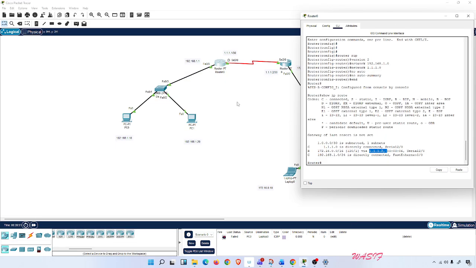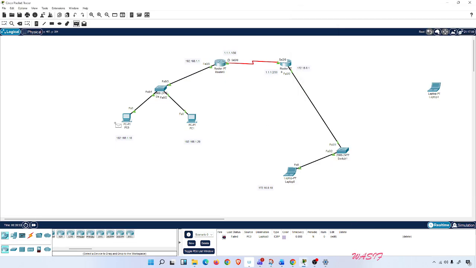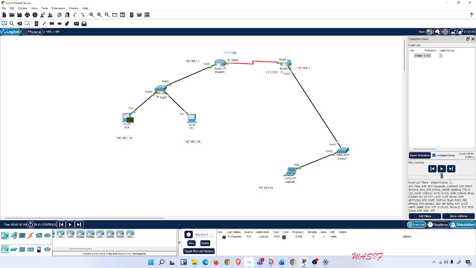Now, if you look at here, let me send a packet from here to here, and you see it is successful. Now let me delete everything. Let me send a packet from here to here. Let me show you the simulation.